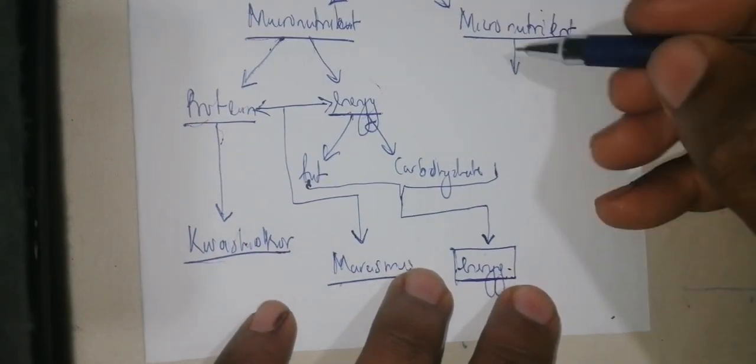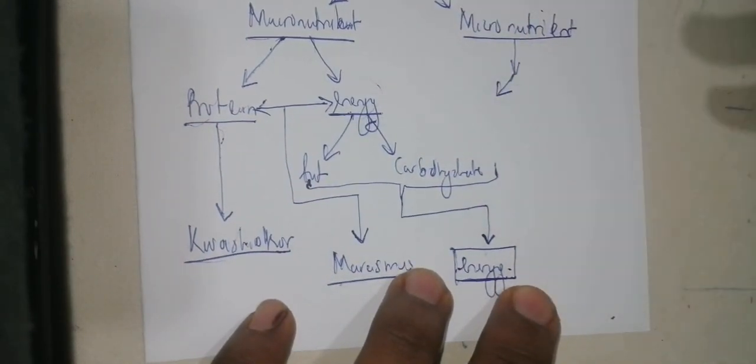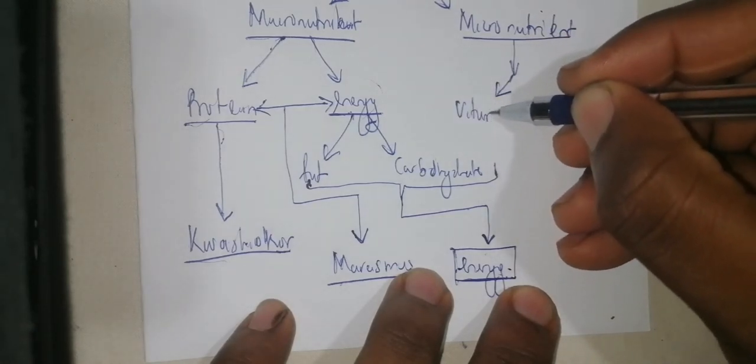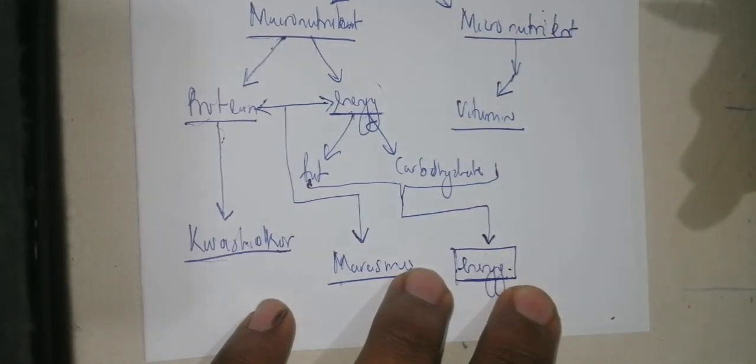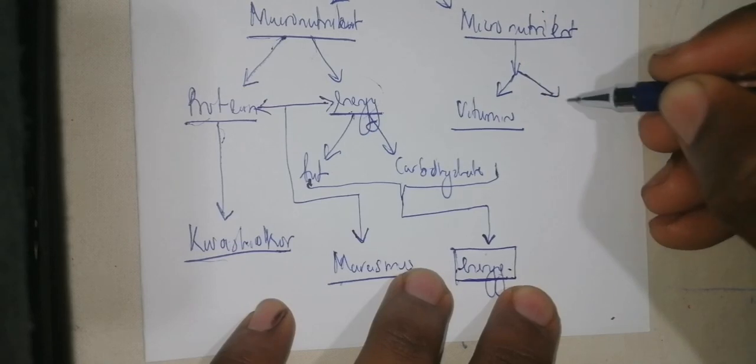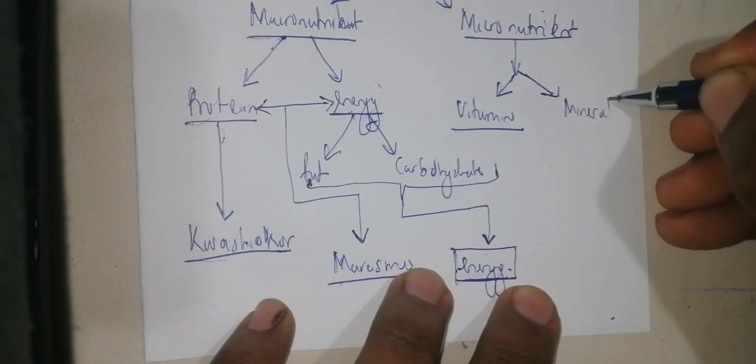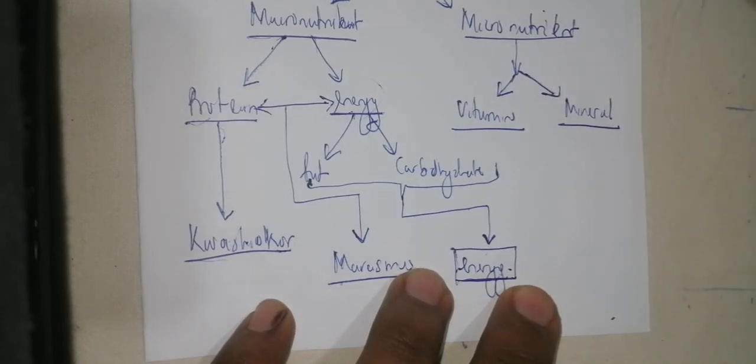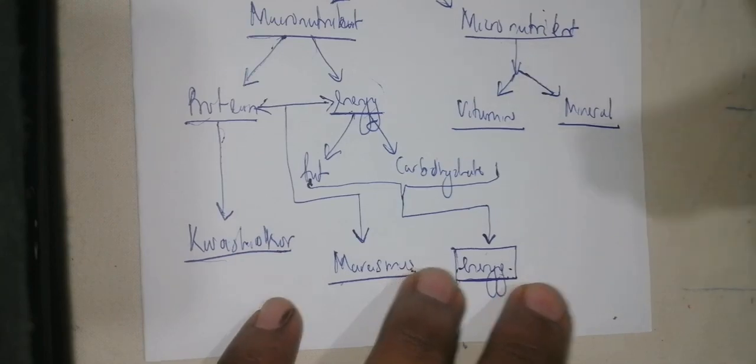Now, the next ones are going to be involved with the micronutrient malnutrition. For micronutrient malnutrition, you have different micronutrients. You have the vitamins, which can be one micronutrient. The next one is minerals, which can be another micronutrient. So we are going to visualize the malnutrition based on these micronutrients.